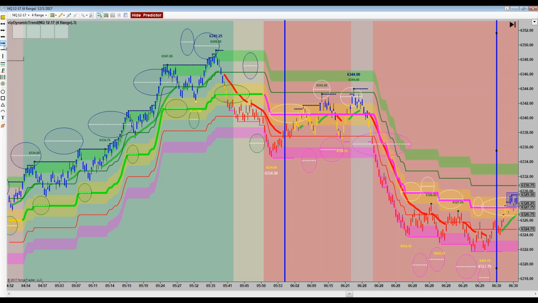At the time that the open mid-box formed right here, technically speaking, what was the trend at that time? It was down, right? Background was red, predominantly red bars, mid-band and all the bands stair-stepping down, lower lows, lower highs. We were going down. So you would have probably, here, let me put it this way.